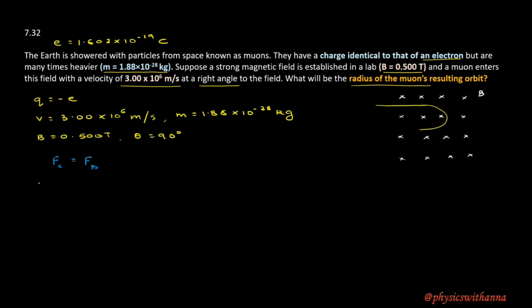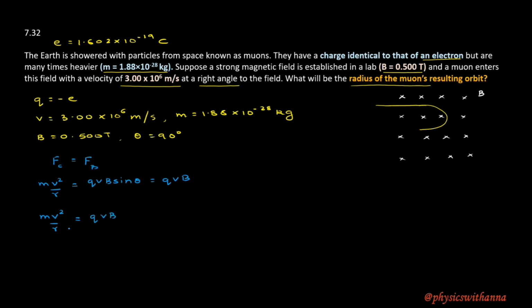Centripetal force is given as mv squared over r, and force due to magnetic field on the charged particle is qvB sine theta. Theta over here is 90, so sine 90 will be 1. So I can write the magnetic force as just qvB. So we get mv squared over r to be equal to qvB.